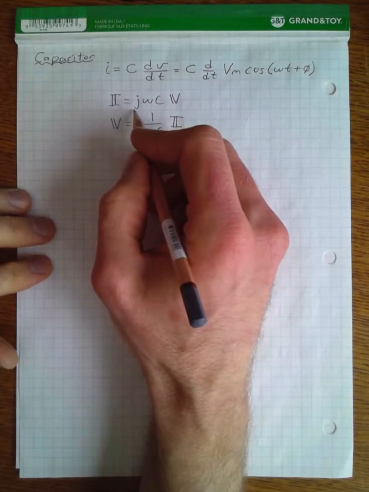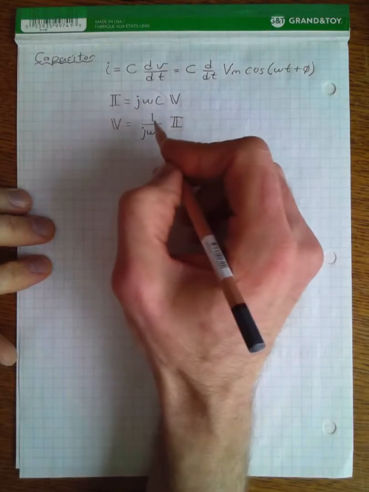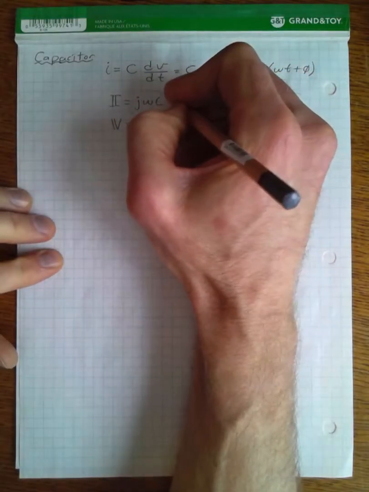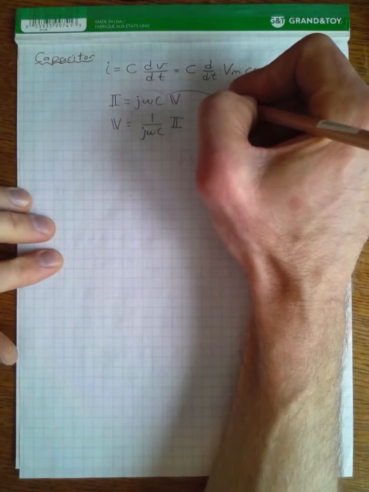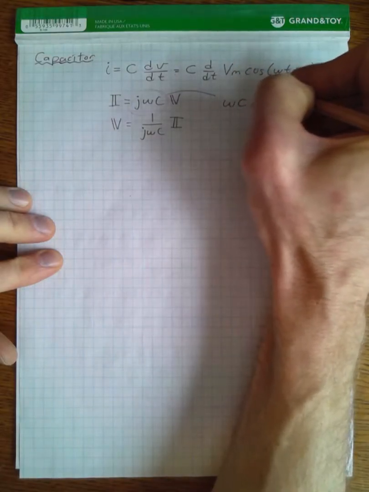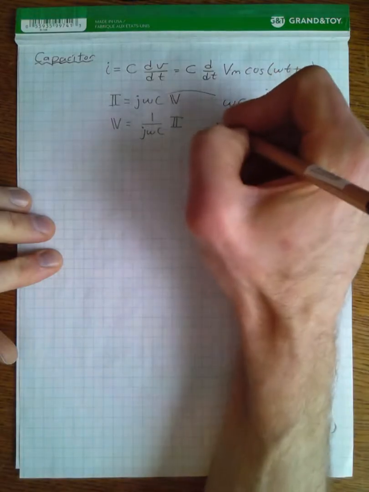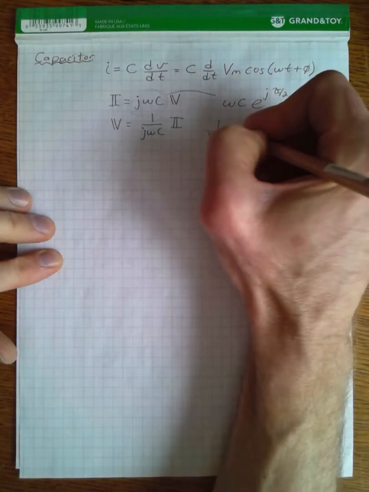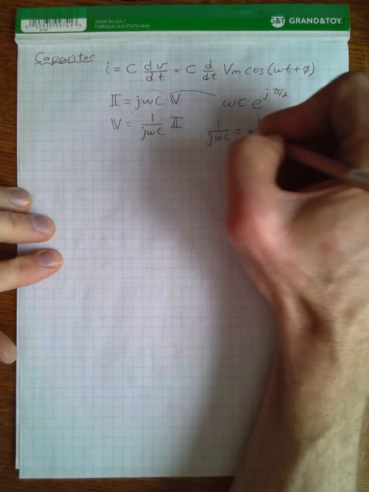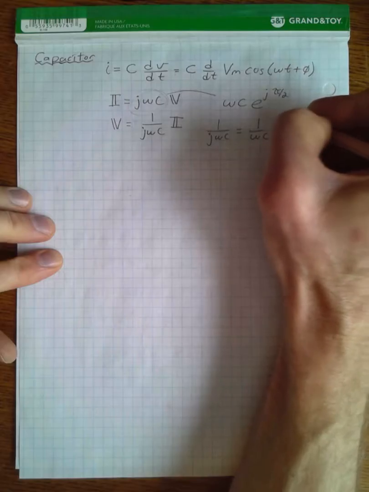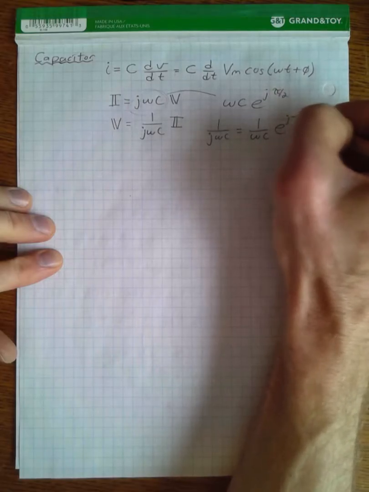Not at all, right? Because this j omega C is just a complex number. So j omega C is just a complex number with magnitude omega C and a phase shift of pi over 2. And so 1 over j omega C is just equal to a complex number with a magnitude of 1 over omega C e to the j minus pi over 2.